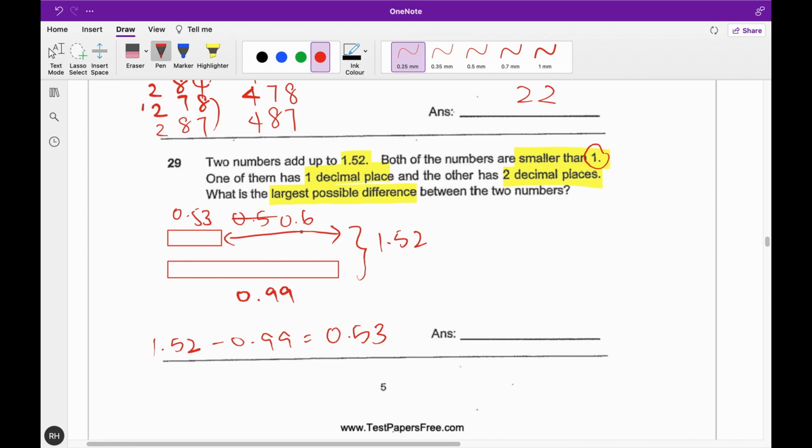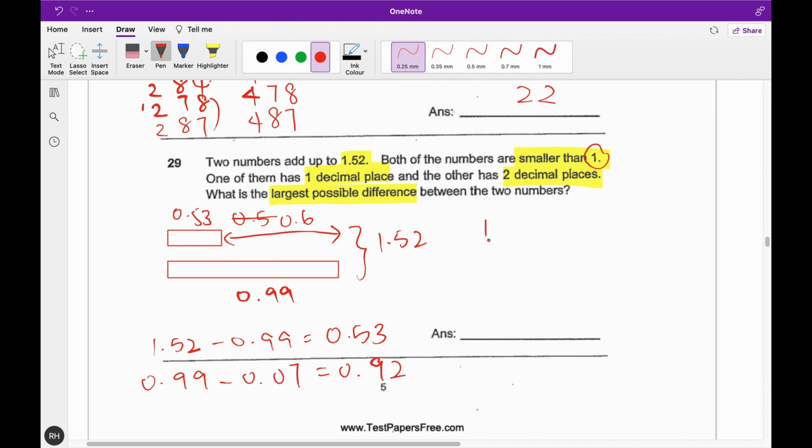If we go to 0.6, we'll plus 0.07, and then we can minus 0.07 from the 0.99. So 0.99 minus 0.07, we have 0.92. Okay, so this is 0.92 and this would be 0.6.